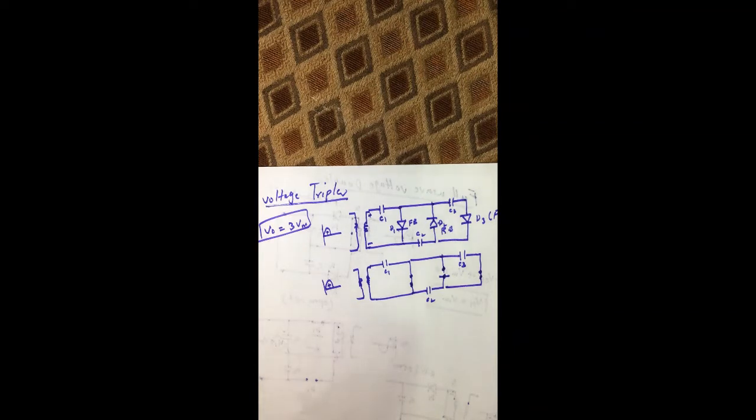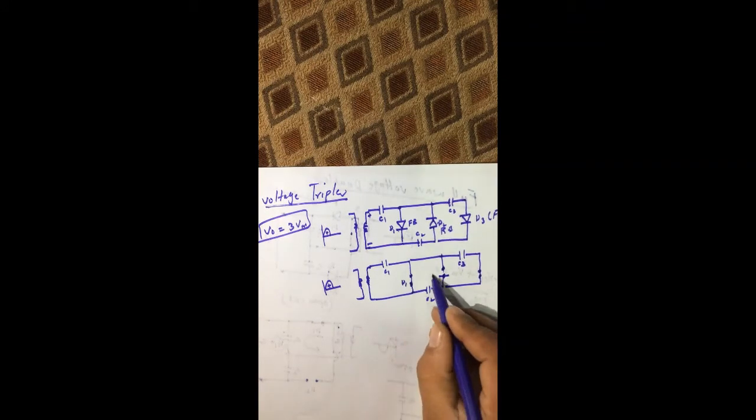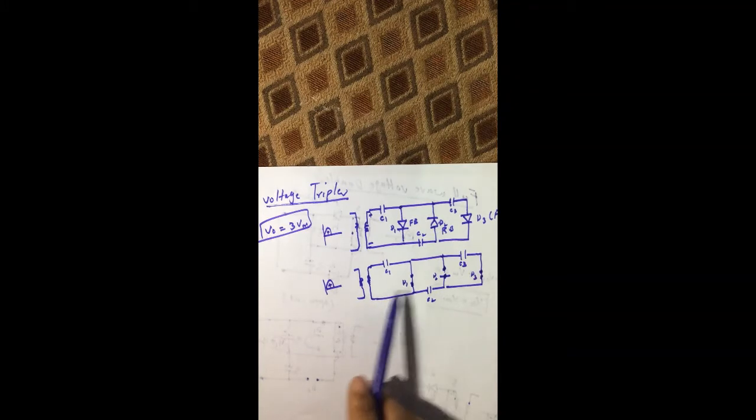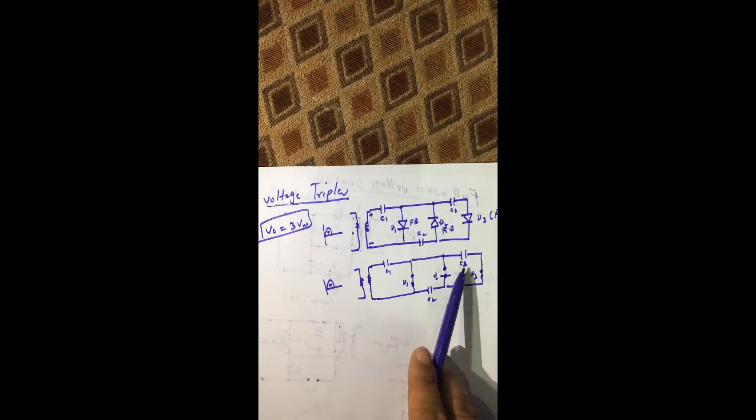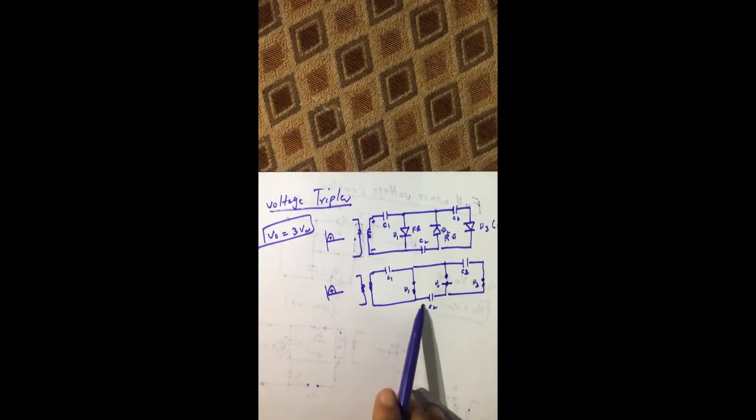Now during this, capacitor C1 is charged through diode D1. This is D1, this is D2, and this is D3. While capacitor C3 cannot be charged because C2 is not charged.